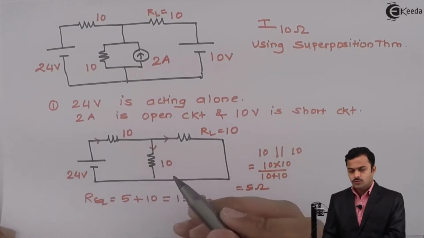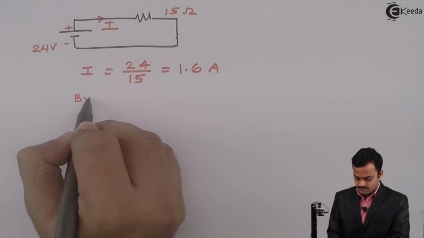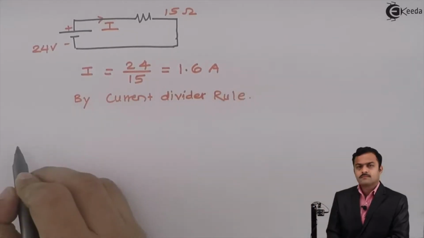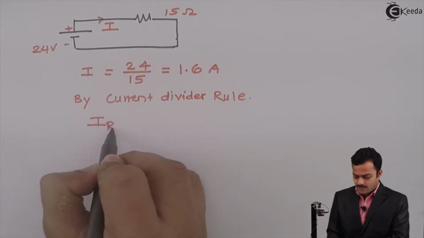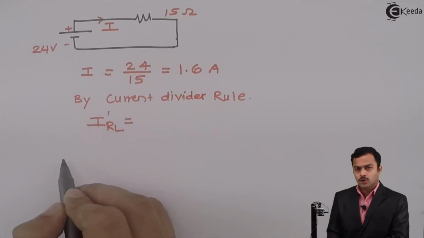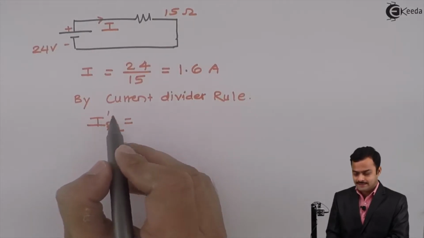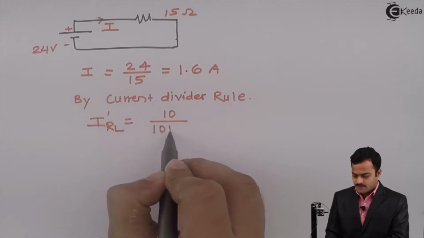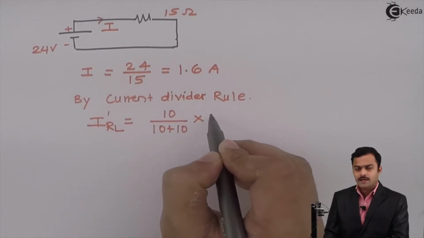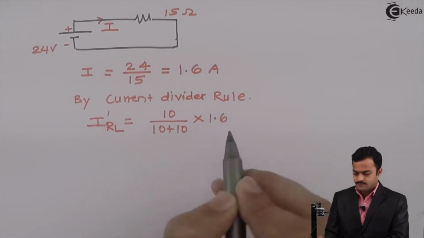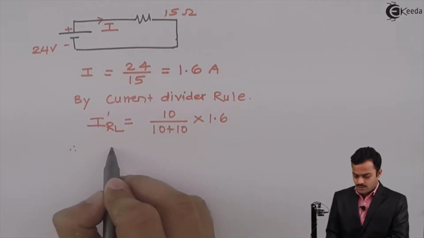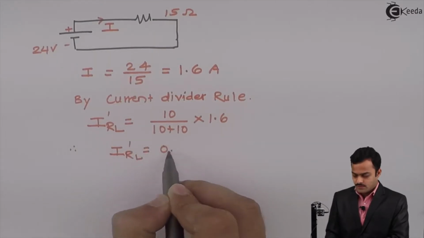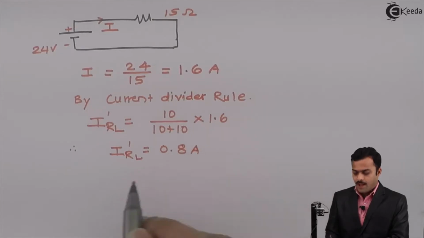So by current divider rule, I will get current flowing through the RL because of 24 volt alone, which I will denote as IRL dash, equal to 10 divided by 10 plus 10 multiplied by 1.6. So if I solve, I will get IRL dash as 0.8 ampere.